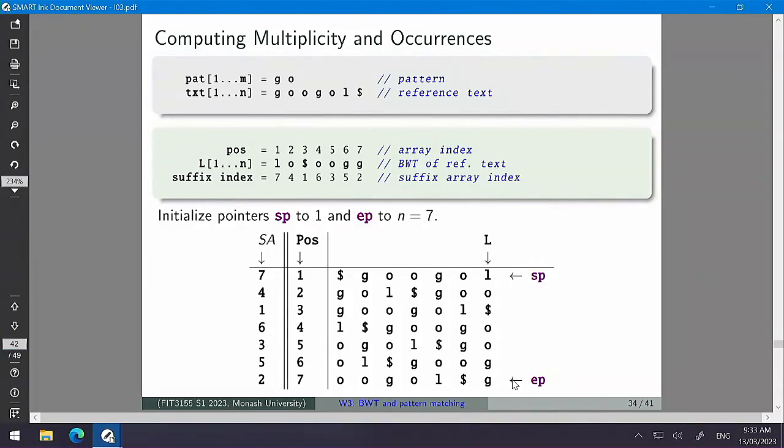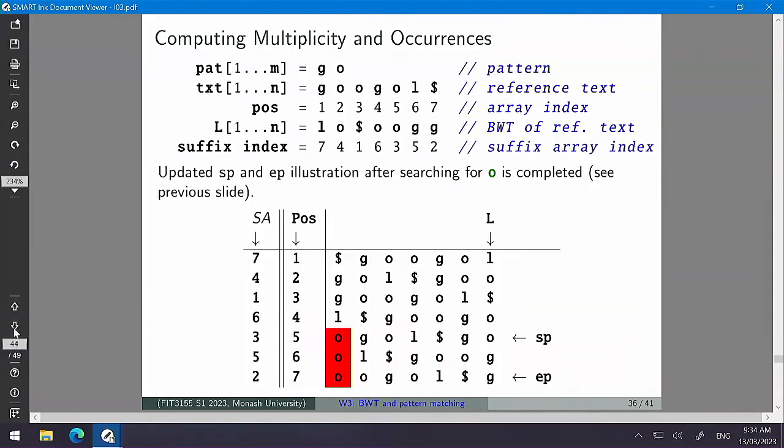How many times have I seen an O? 3 times. Minus 1 is 2. So 5 plus 2 is 7. So my new pointers would be starting at 5 and ending at 7.